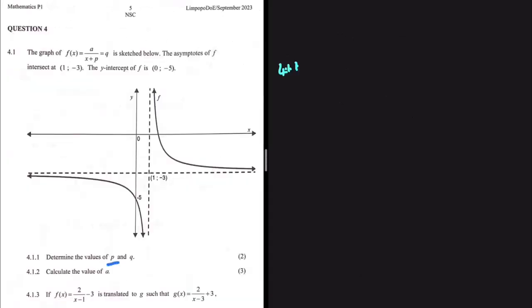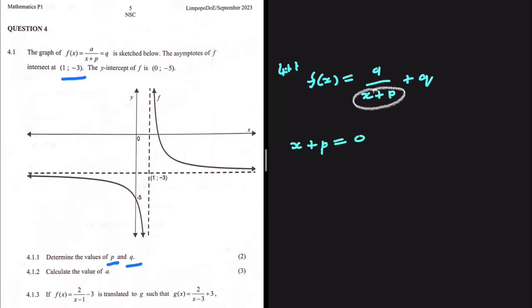Determine the values of p and q if the asymptotes intersect at x = 1 and y = −3. We are given the equation of f(x): f(x) = a/(x + p) + q. In order to find the value of p, we let x + p = 0.